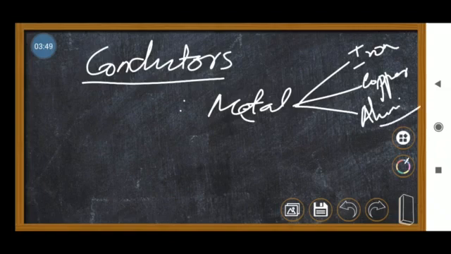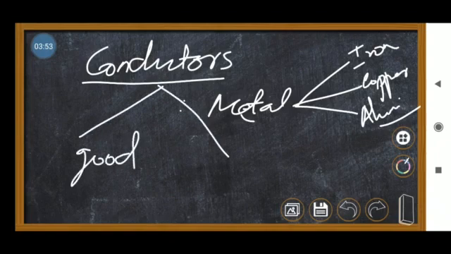Conductors are split into good conductors and poor conductors. Good conductors are metals or metal objects. Poor conductors are, for example, liquids like lemon juice, which conduct electricity only a little bit.